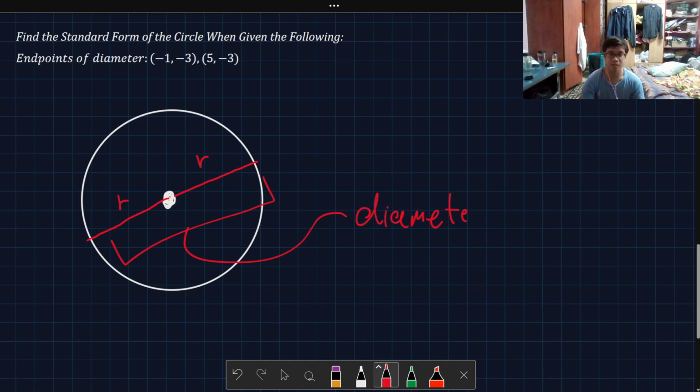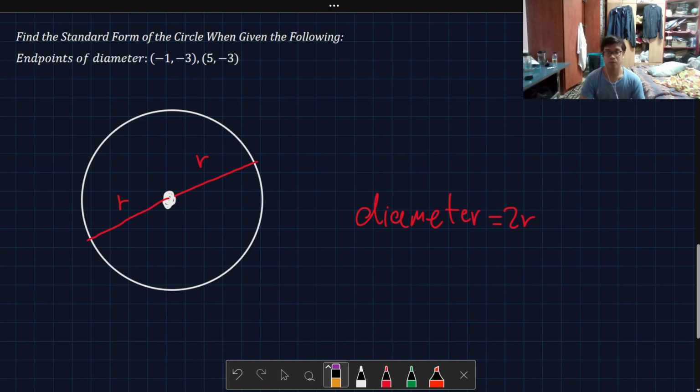A diameter is basically a chord that passes through the center, a line inside of the circle that passes through the center. You can find the length of the diameter by using the formula 2 times r, or 2 times the radius. So the length of these two radii will give you the total length of the diameter.